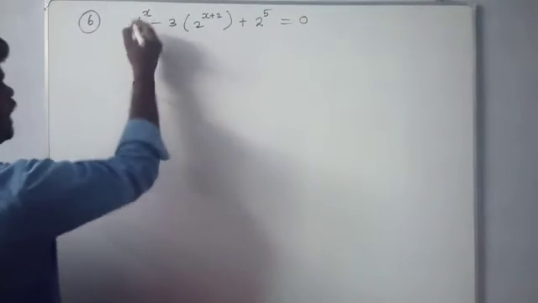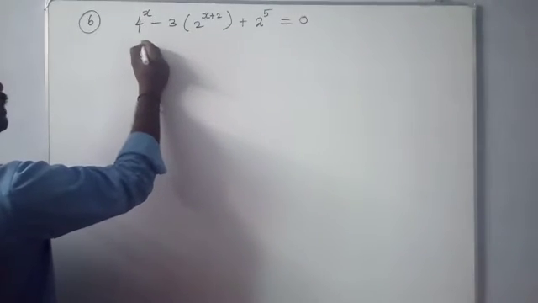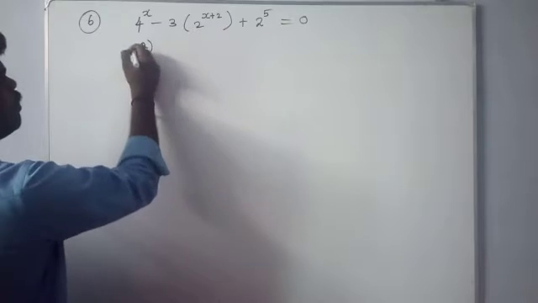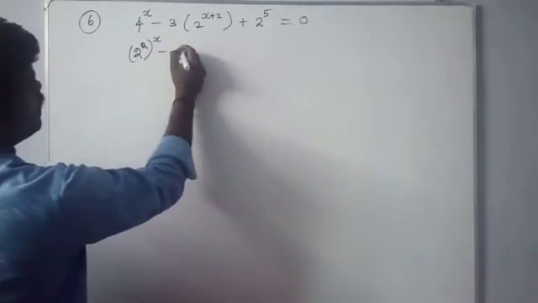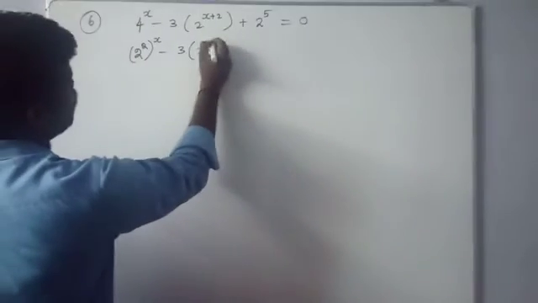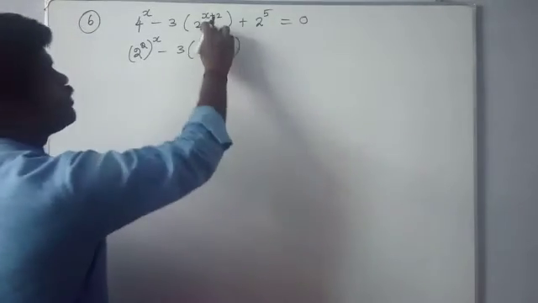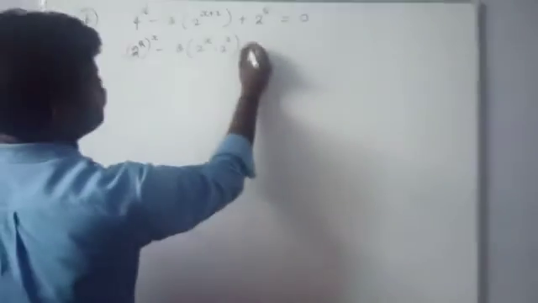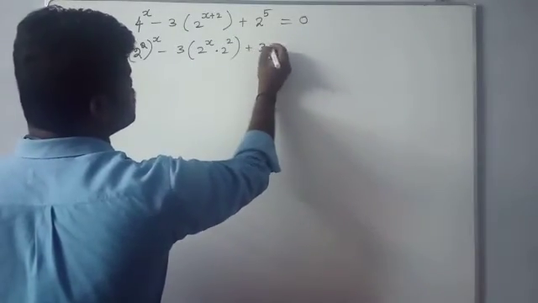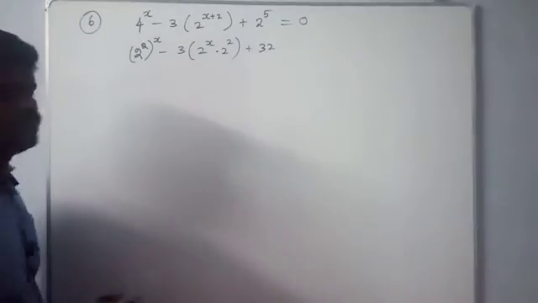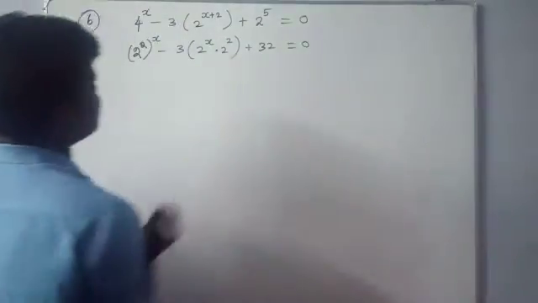This equation can be written as 2 power 2 whole power x, minus 3 into 2 power x into 2 power 2. We can separate this 2 power x into 2 power 2, plus 2 power 5 means 32, is equal to 0.